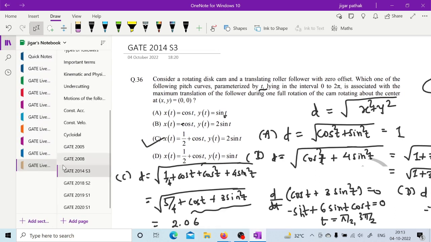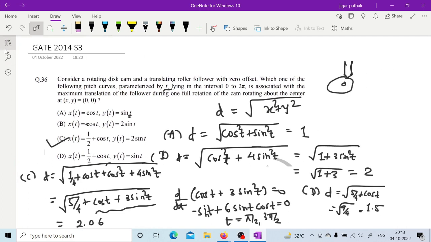Now, a student asks, what is D? As they have asked, for which particular equation it will be maximum. D is the dwell of the follower.